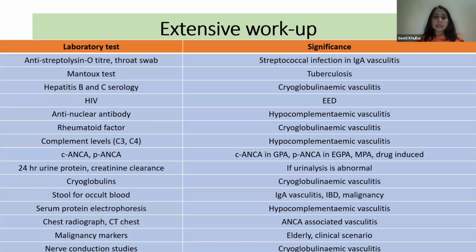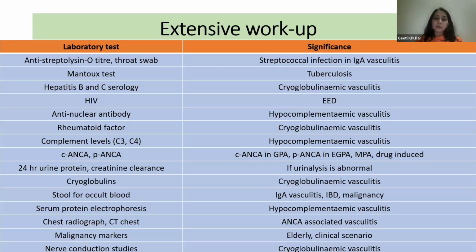A Mantoux test is always done in these patients because tuberculosis is endemic in our country, and we have seen many patients who have associated tuberculosis, or sometimes they have ATT-induced vasculitis also. We do a hepatitis B, C serology again to rule out a cryoglobulinemic vasculitis when a patient has manifestations of vasculitis which come up only at cold temperatures during winters, and that we suspect due to a cryoglobulinemic vasculitis.